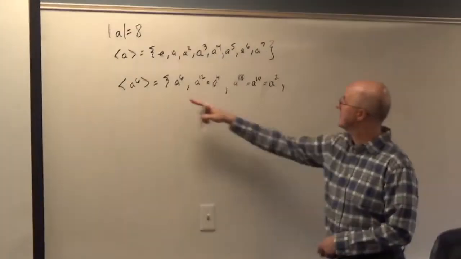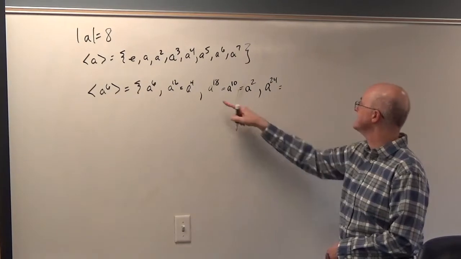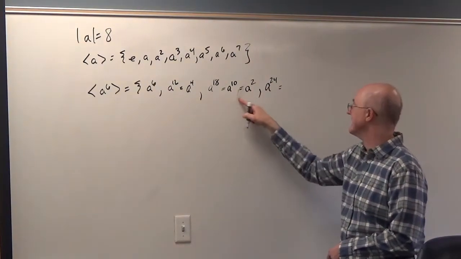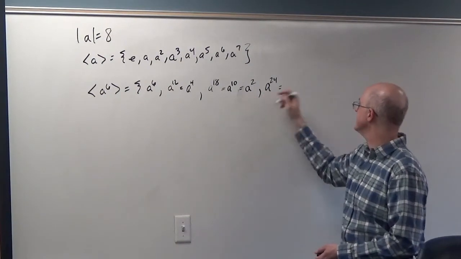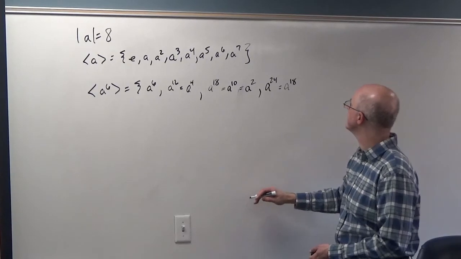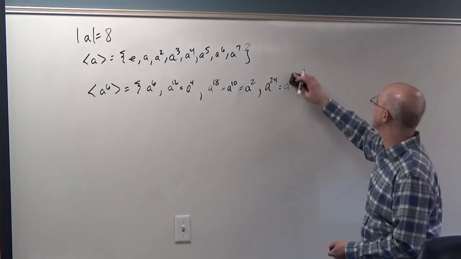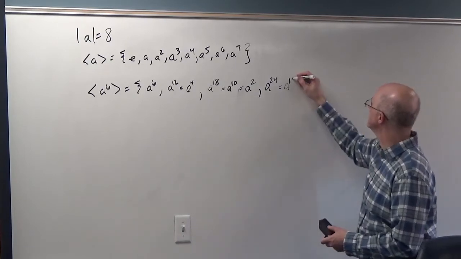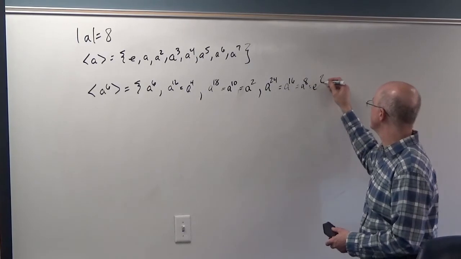A to the 6th to the 4th is going to be a to the 24th, which is the same as any of these three things times a to the 6th, giving also a to the, oops, mistake here. That's my mistake. Mod by 8, okay, yeah. A to the 16th, which is the same as a to the 8th, which is the same as e.